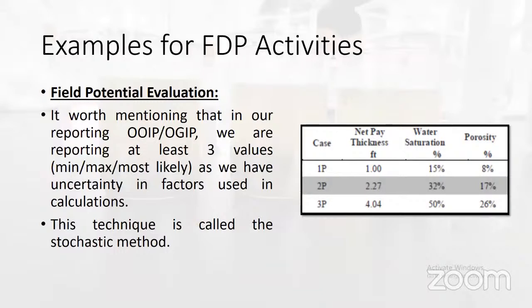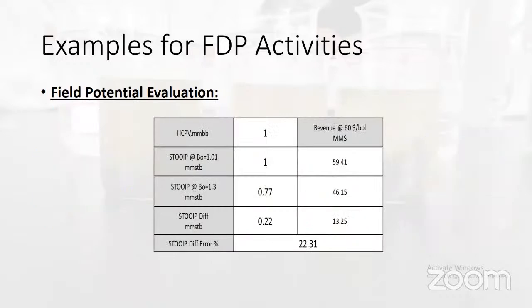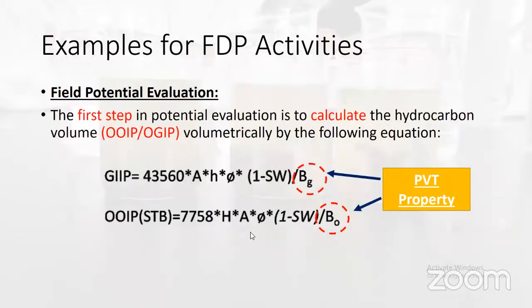Okay, great. So, we drilled many wells into our field, and we need to have an evaluation for the oil plays. Let's assume we go to that equation and input an average value for the porosity, average value for the net to gross, average value for the area, average value for the water saturation, and the value for the beta O. Great.